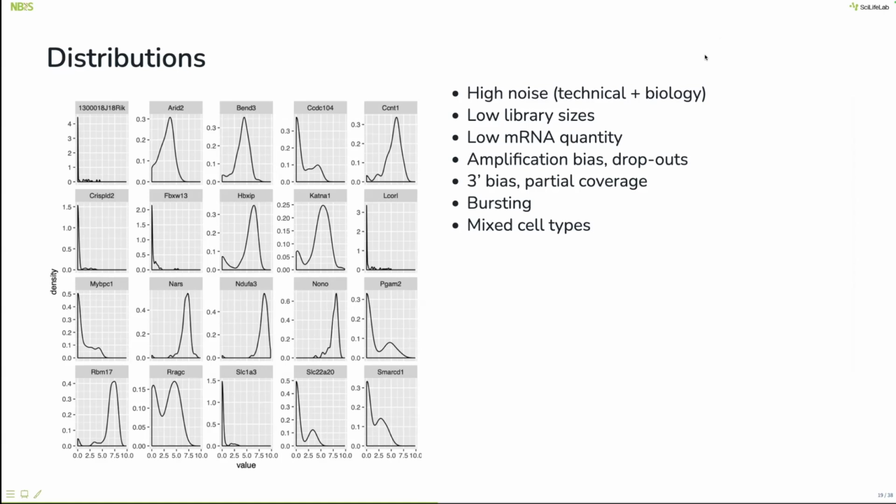It can be a low quantity, or it can be dropouts or amplification bias, and also the bursting, which, like also mentioned before, causes the on and off, even in a cell that is producing the protein. And then also depending on how mixed your cell types are, you'll have a different distribution because different cell types will have different distributions. And when you combine them all, it'll be a different distribution.